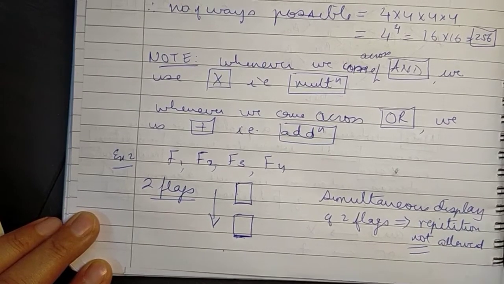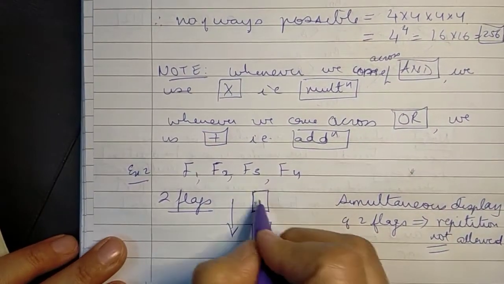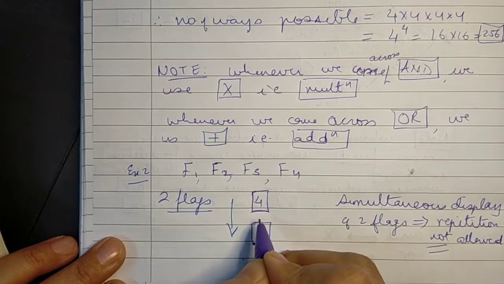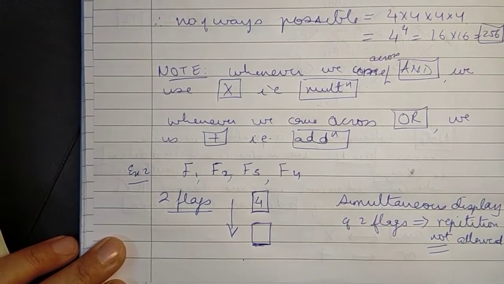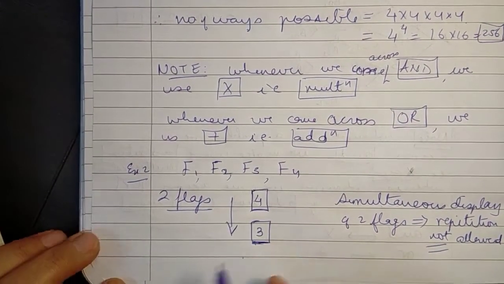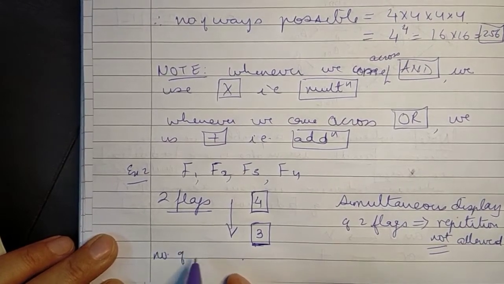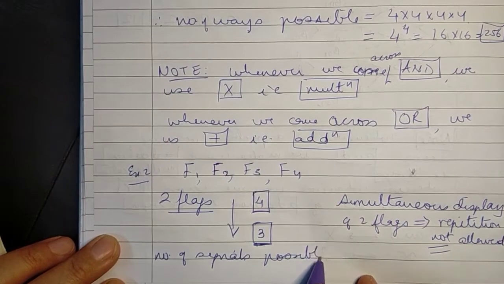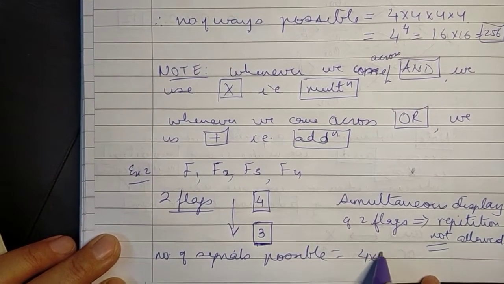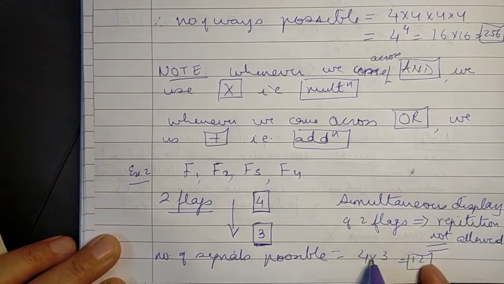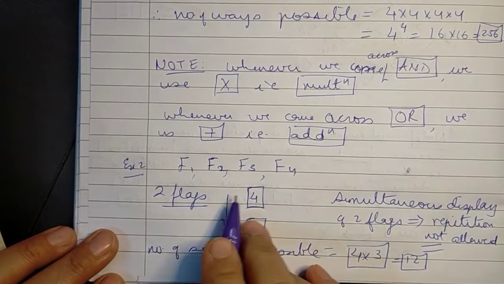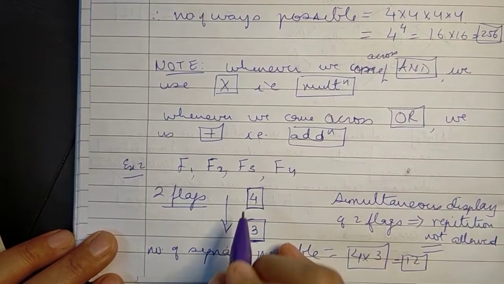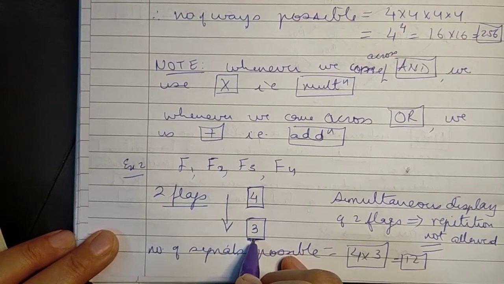because you are simultaneously displaying 2 flags. Okay, so the first position can be filled up in 4 ways, followed by the second position which can be filled up in 3 ways. Therefore the number of signals possible will be equal to 4 into 3, which is 12. Clearly, because the signal is incomplete without the display of the second one.